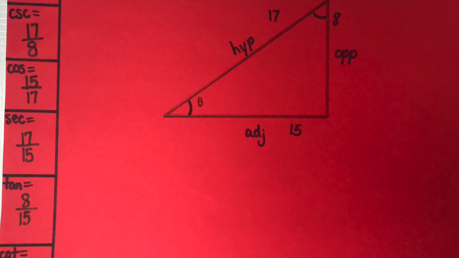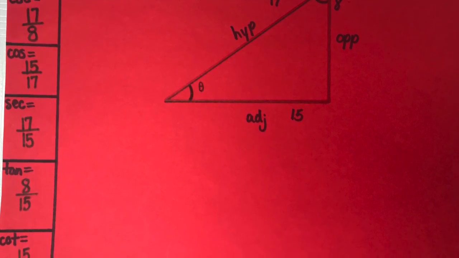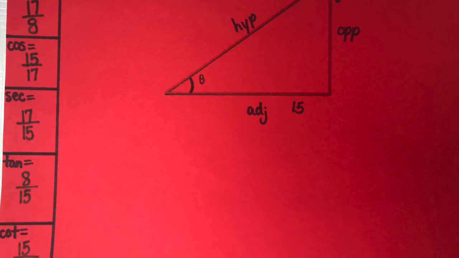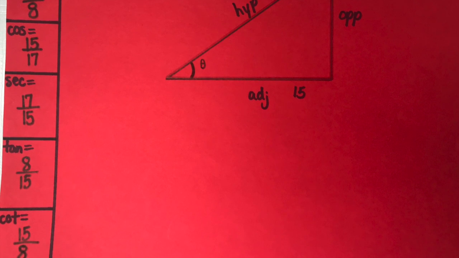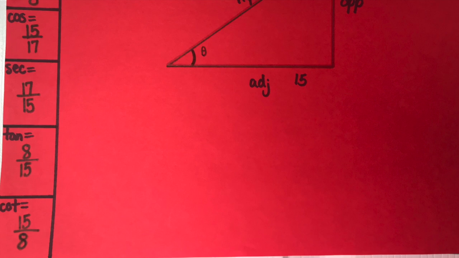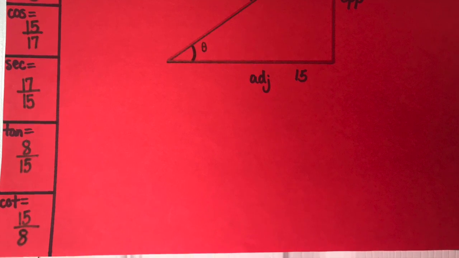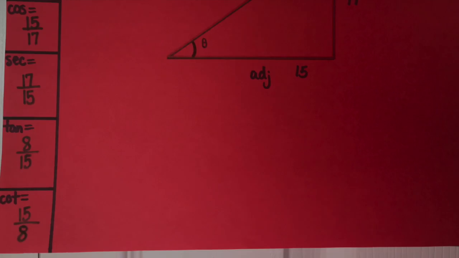Cosine is adjacent over hypotenuse, so 15 over 17. Secant is reciprocated, so that's 17 over 15. Finally, there's tangent. That's opposite over adjacent, so that's 8 over 15. Cotangent is reciprocated, which gives 15 over 8.